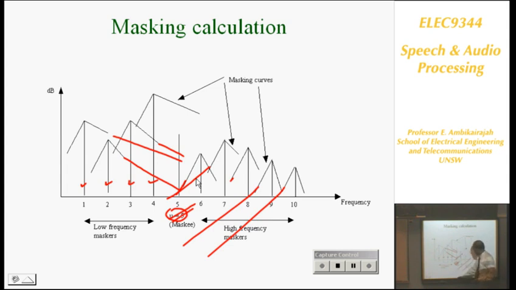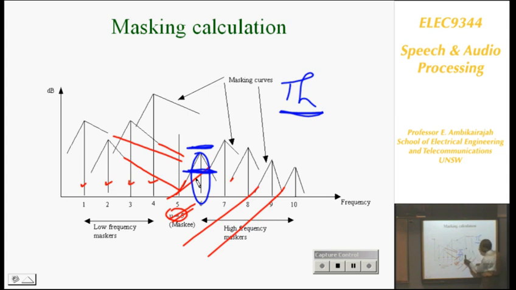He calculates the value TH threshold, which might be that at the end, or could be here. If that is the threshold, masking threshold, then this sound you will not hear. If this is the masking threshold, then you will hear that sound. So when you calculate TH for that particular frequency, you know where it's going to be.